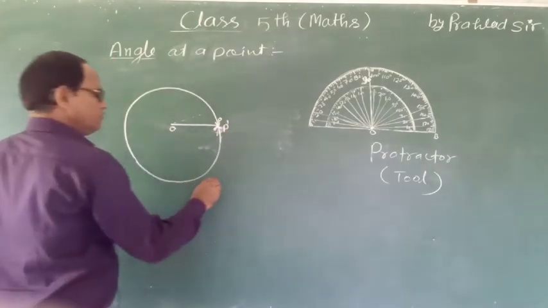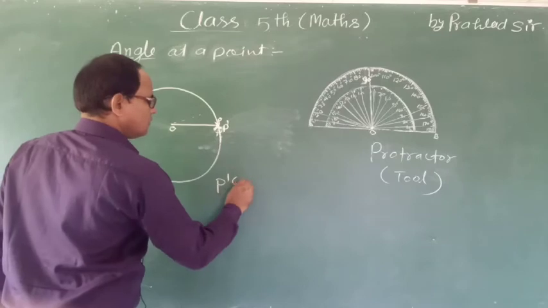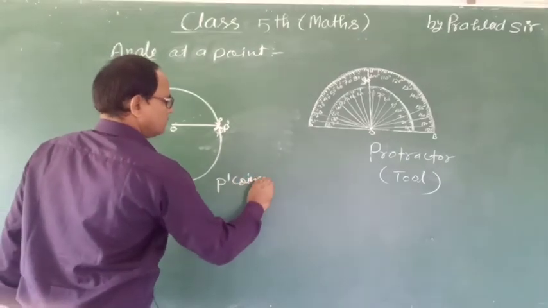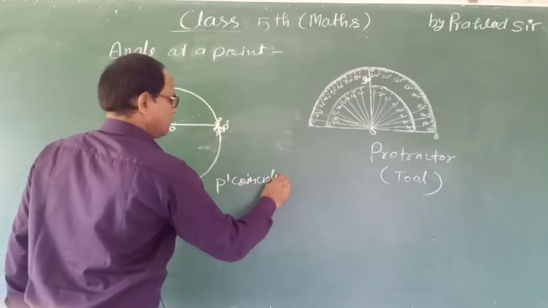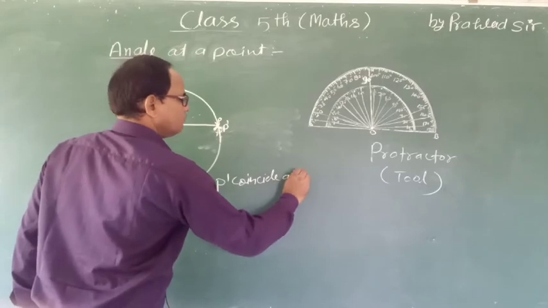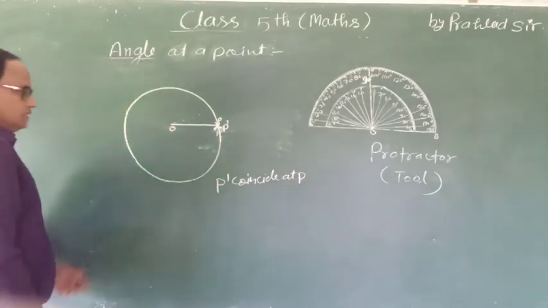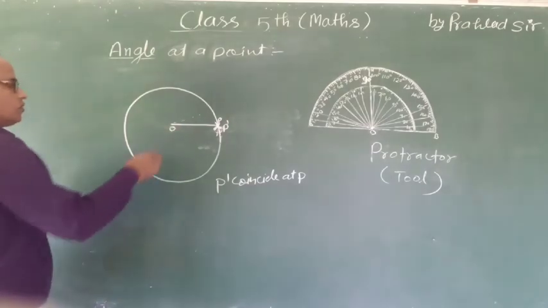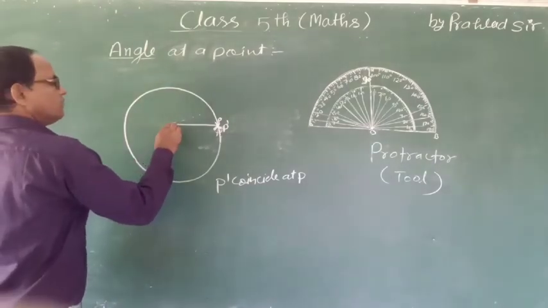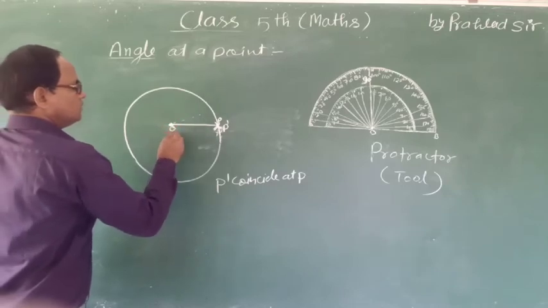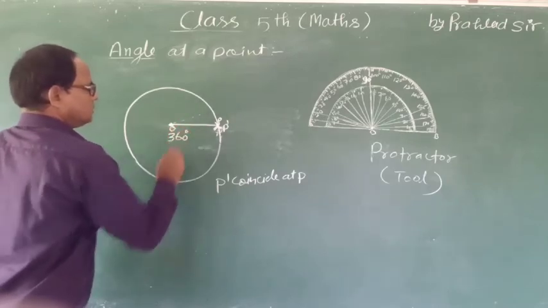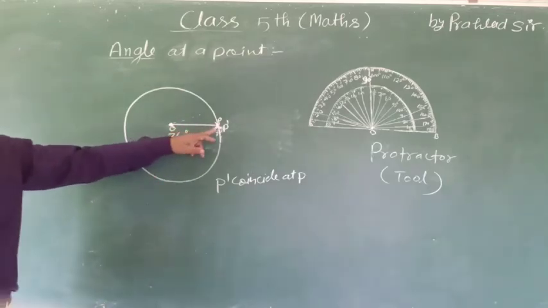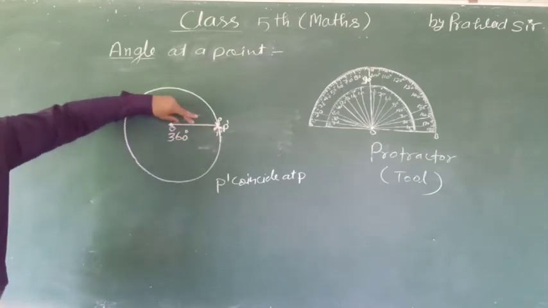Here P dash coincides at P. Then the total angle made at O is 360 degrees because OP moved around.